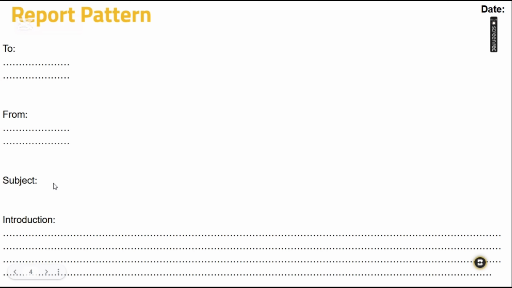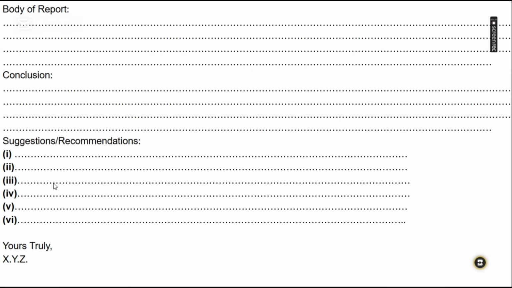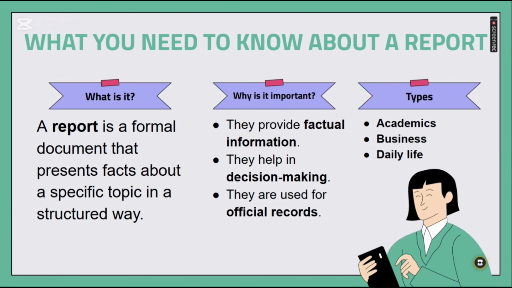Then comes the subject, which is going to be the title of the report. Then the introduction. Then comes the body of the report. You have to break down each point into separate paragraphs. Then comes the conclusion, a few suggestions, and then the closing remarks.